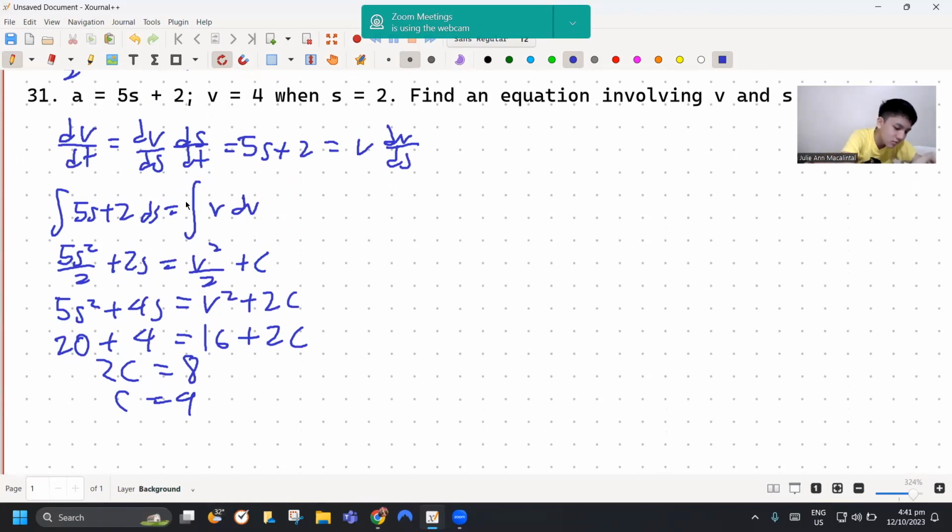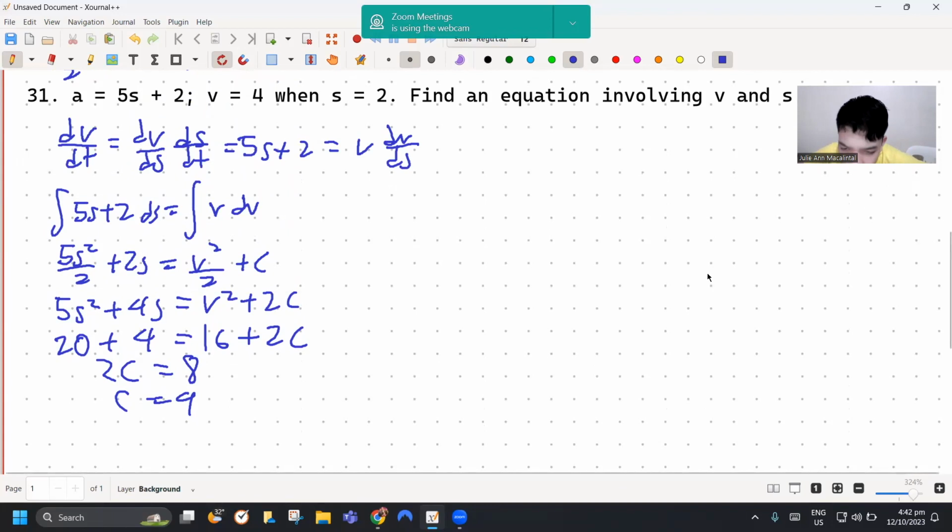Kaya, bakit iba yung nakukuha nating constant? Equals v square. 4 squared over, kaya, check ko lang yung calculation ko. 4 squared over 2 equals 5 times 4 over 2, minus 5 times 4 squared over 2 minus 4 equals negative 6. Ngayon, so 20, 4 times, wait, may mali.